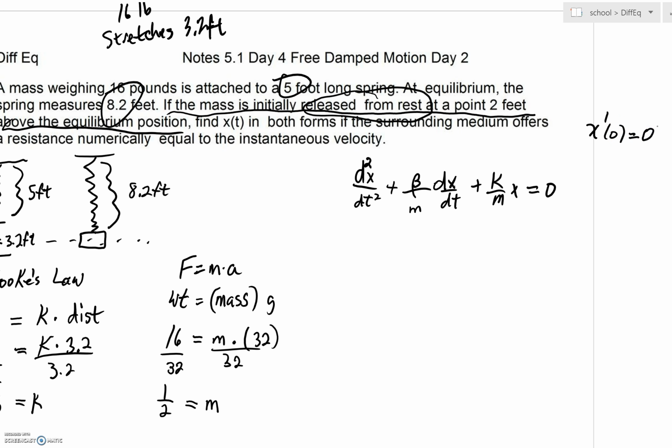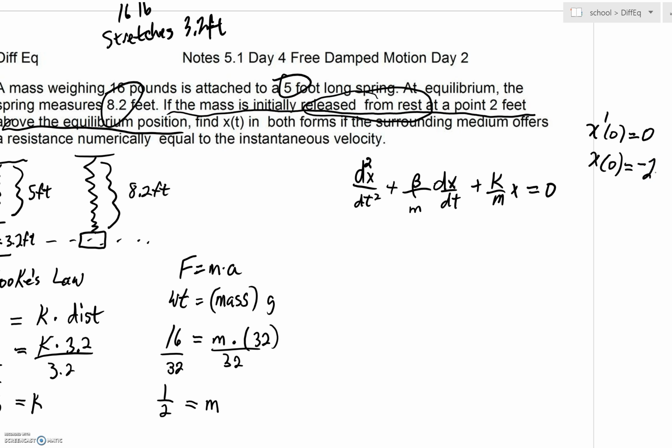Oh, that's a subtle piece of reading right there. We pick up from rest, which means our velocity is 0. And remember that downward is positive and upward is negative. So when we're releasing from a point 2 feet above the equilibrium point, our beginning position, x sub 0, would actually be -2.